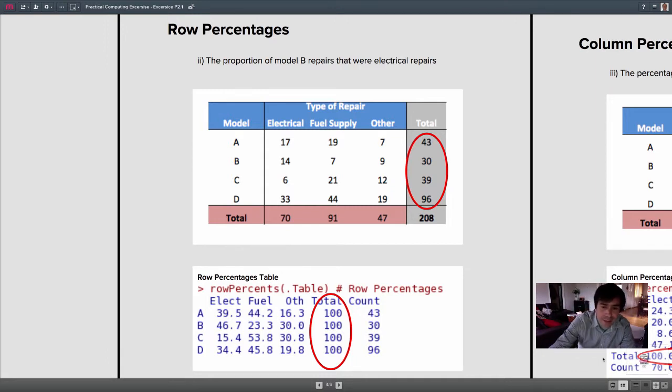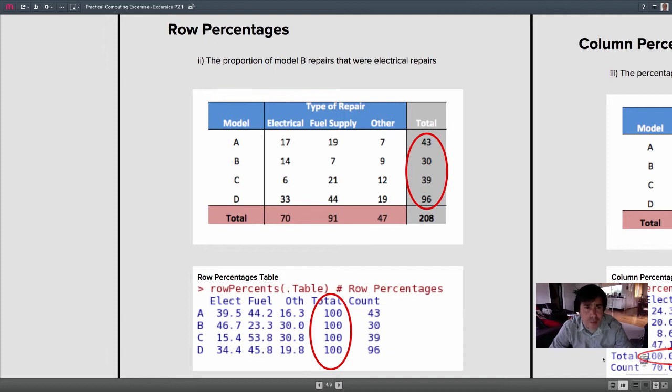You can see that they are exactly the same as the count number in the table created in R. You have 43, 30, 39, and 96. These values represent the total number of repairs for each model. And these numbers are considered as 100%. That's why this table is called the row percentage table.